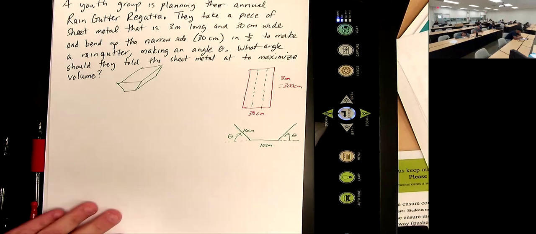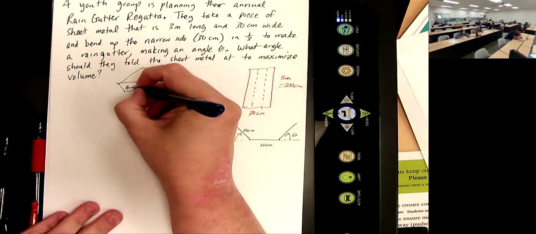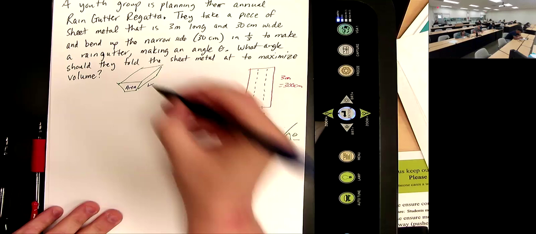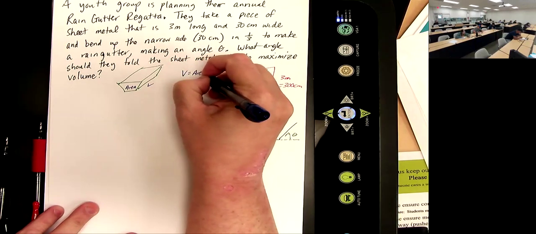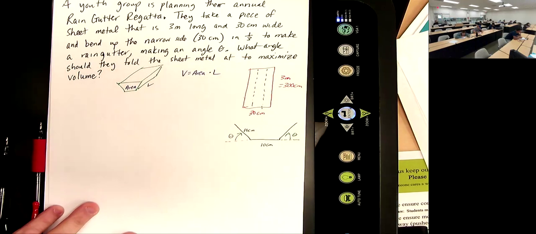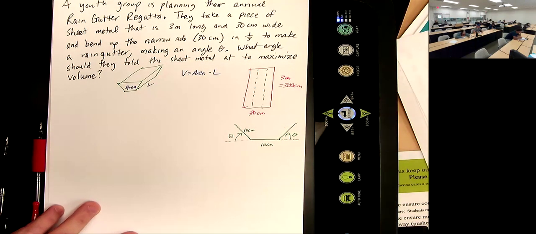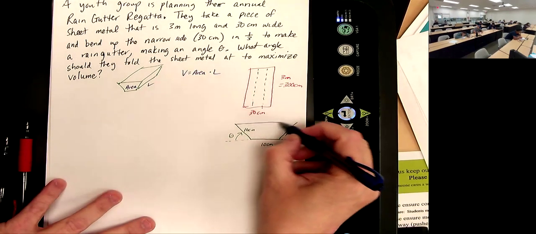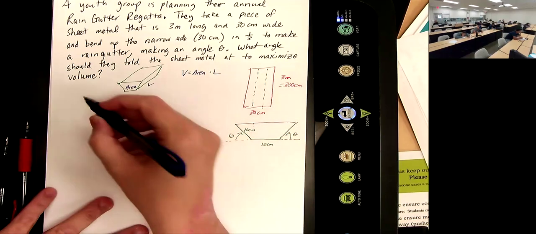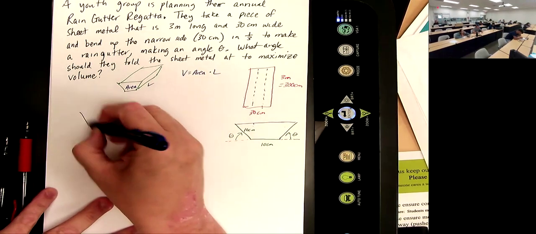The volume is going to be the area at the end times the length. So what would be the area at the end? Let's make a bigger picture.